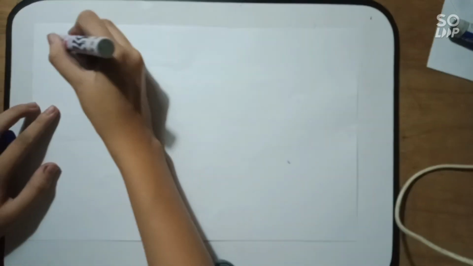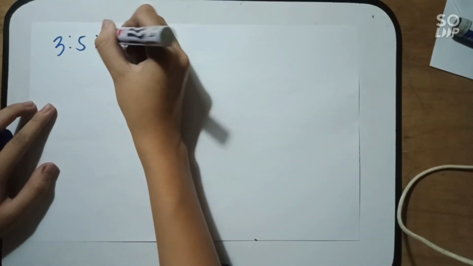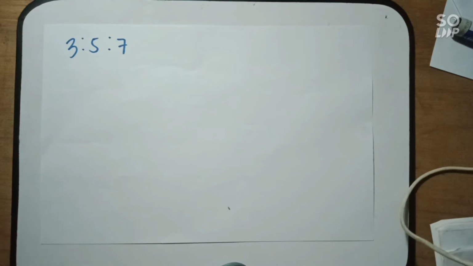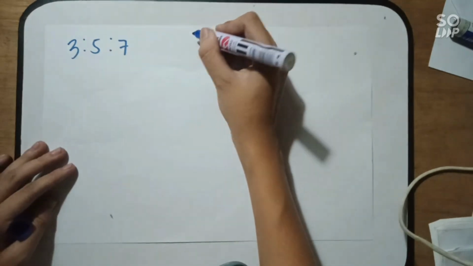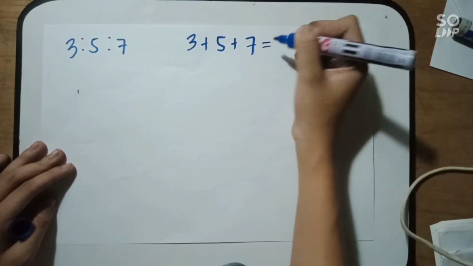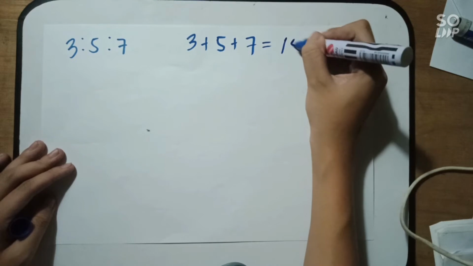So in this situation, the ratio is 3:5:7. The first thing that we need to do here is to find the whole. In finding the whole, we only need to add the different ratios, which is 3 plus 5 plus 7. So 3 plus 5 plus 7 is equal to 15.